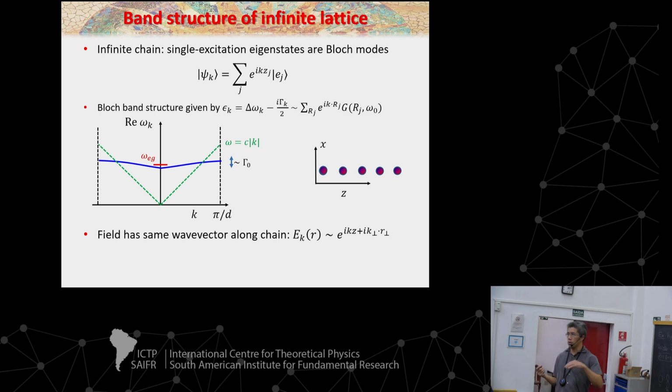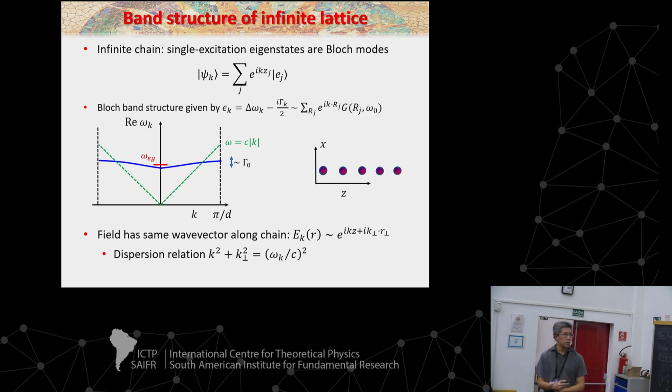So both the field and the spins obey Bloch's theorem. But there's a key difference: whereas my spins live in a 1D chain, my field lives in a 3-dimensional space. So this Bloch wave vector k really only gives me the projection of the wave vector along the direction of the chain. Left over, I still have a transverse wave vector, which describes the field profile in the transverse directions.